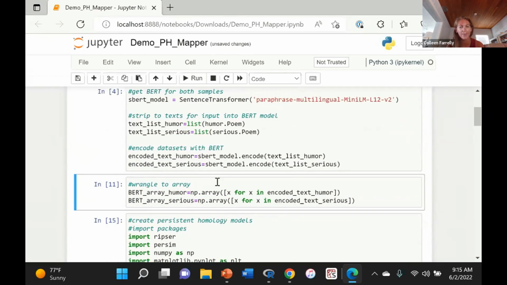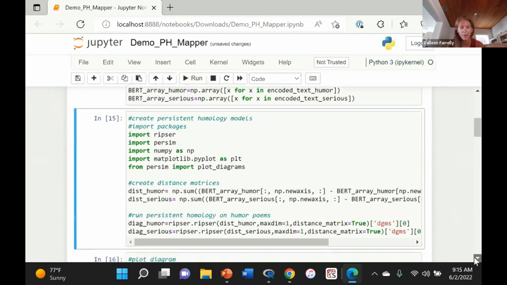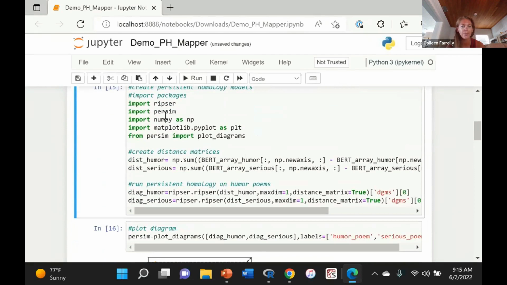But now that we have the embeddings, we can use NumPy to encode these in an array that we can then run through our persistent homology. So here we're using a couple of packages in Python, ripser and persim.